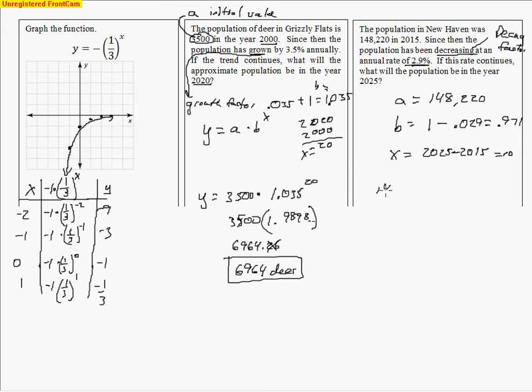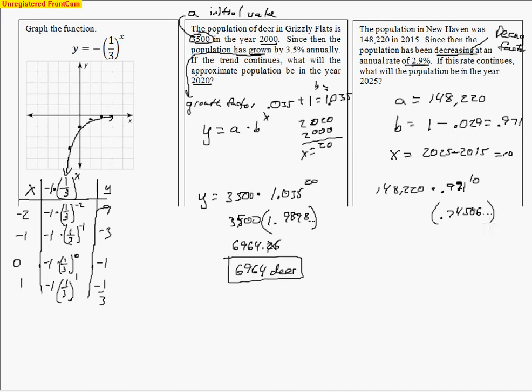So we have 148,220 times 0.971, all to the 10th power. And then we go ahead and multiply this out. And so I ended up with 0.74506, and then that number kept on going.